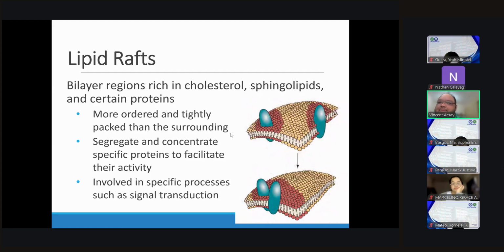So if this particular lipid raft has a protein and they need to increase the activity of that protein, lipid rafts can come together to form greater concentrations of that protein. These lipid rafts are involved in very specific processes. In this specific case, it's signal transduction.